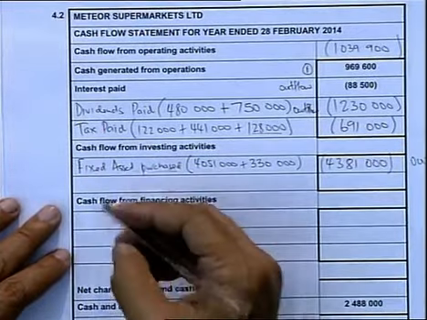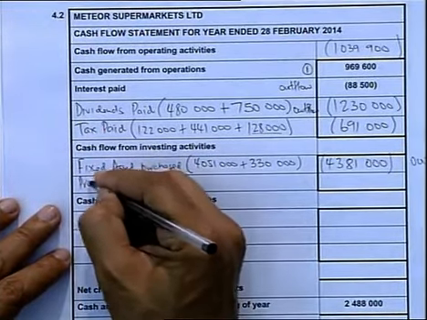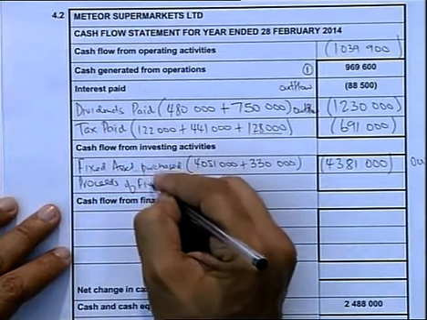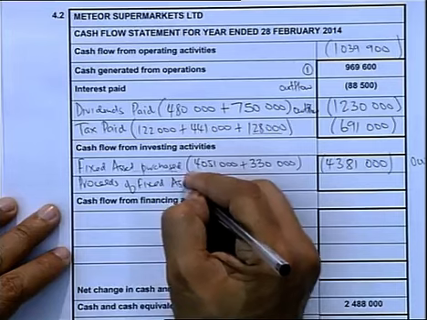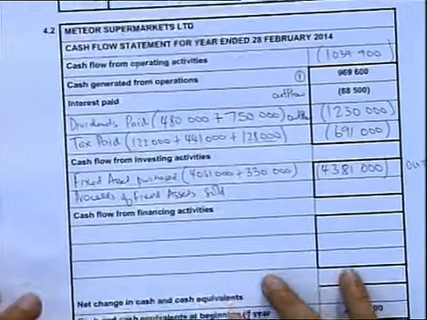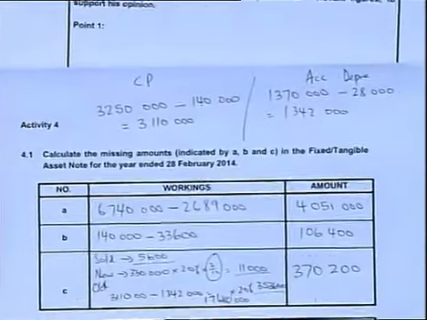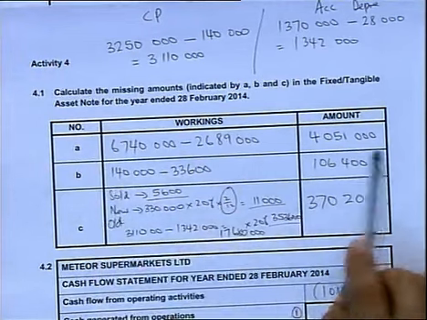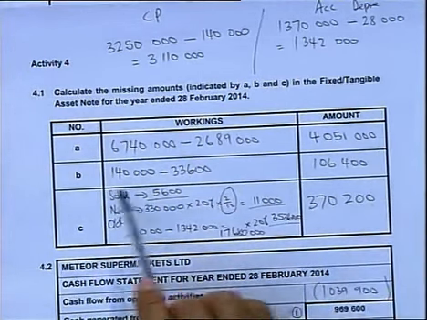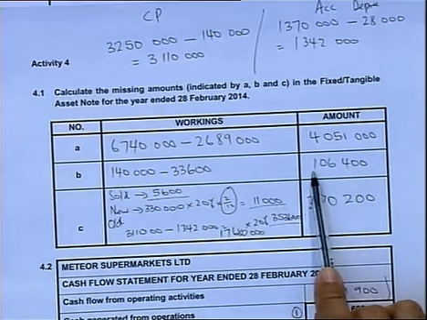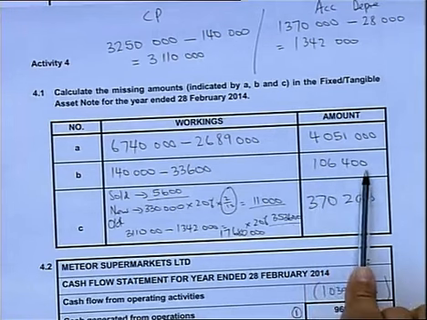Right, the second line will be for the proceeds of fixed assets sold. Okay. Again, back to the first part of the question. The letter A, that was just for the land and buildings. The letter B was for the disposal, and we sold the vehicle for 106,400.